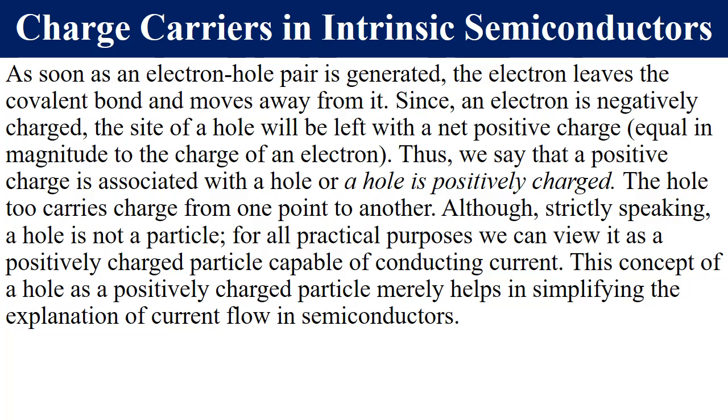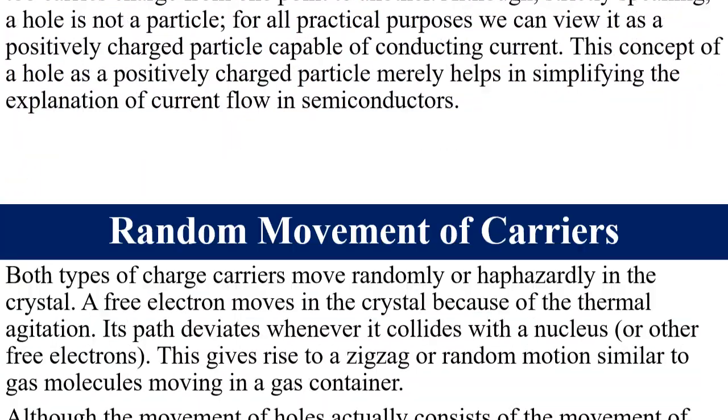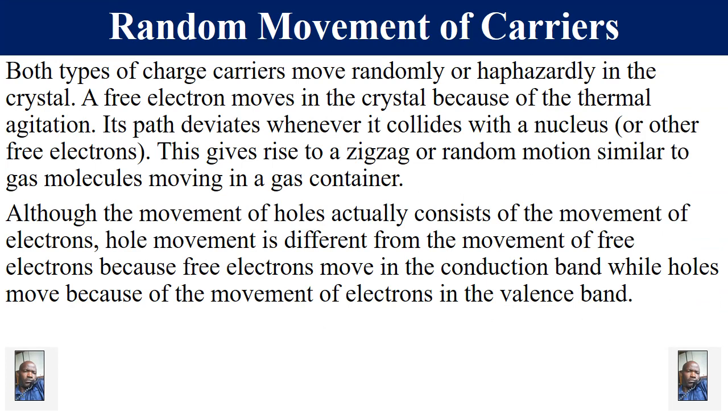The hole in itself, we also call it a charge carrier, since it is positively charged. So it also results in flow of current. We say it too carries charge from one point to another, but it results from the movement of an electron. If an electron does not move from the valence band to the conduction band, then there is no hole that is generated. A random movement of charge carriers.